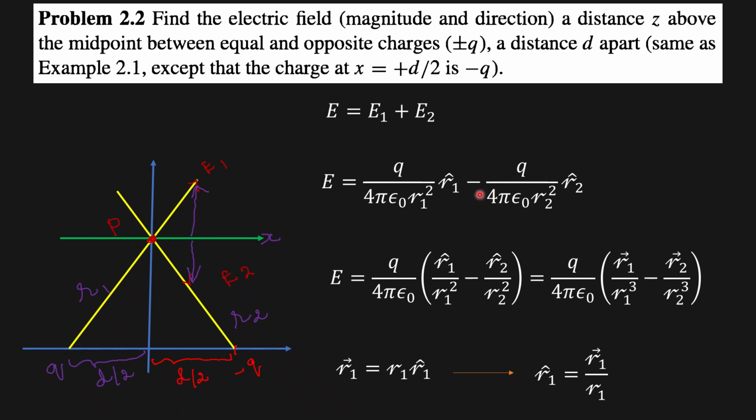So minus q over 4 pi epsilon naught script r2 squared, r2 cap, that is along direction r2. So now you can take q over 4 pi epsilon naught outside.